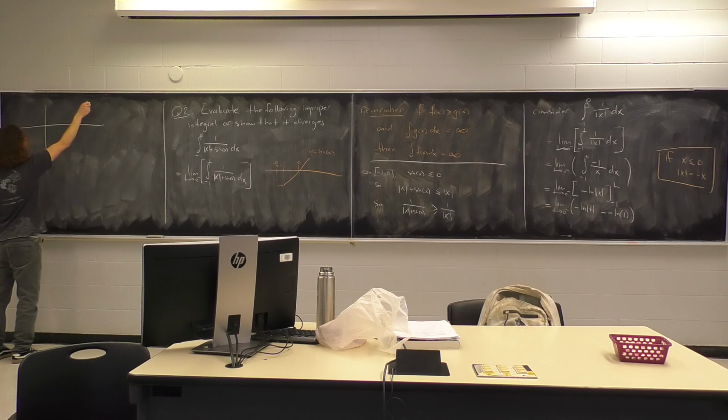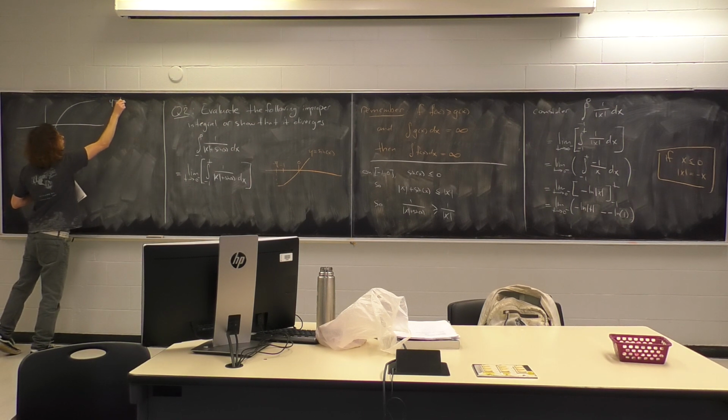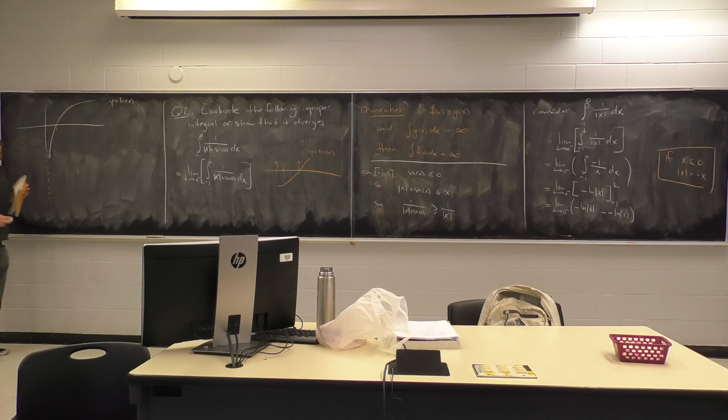Ln goes like this. Ln of 1 is 0. So this is x equal 1. An important point of this is that ln has a vertical asymptote, goes to minus infinity, at x equals 0.